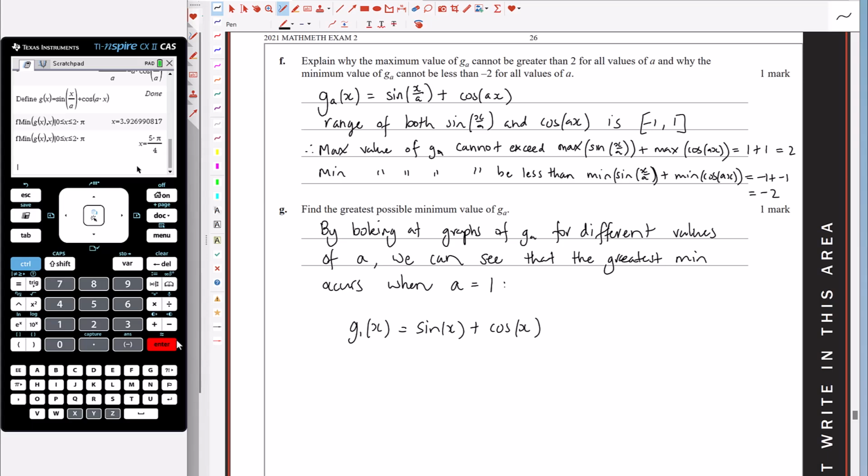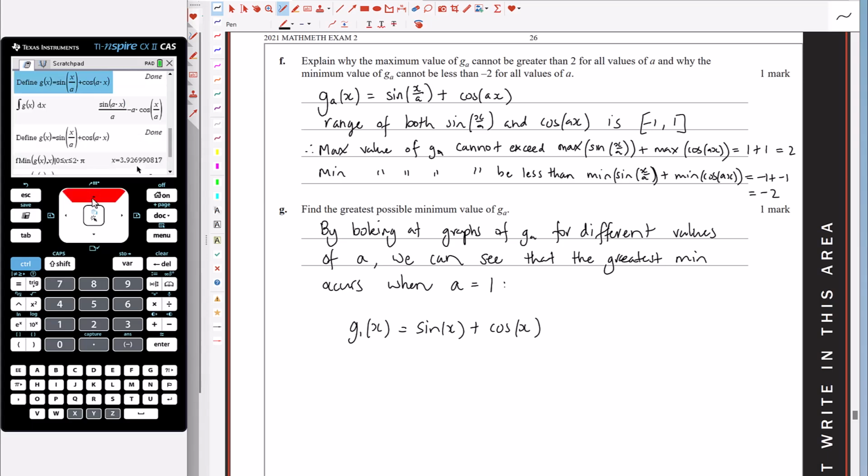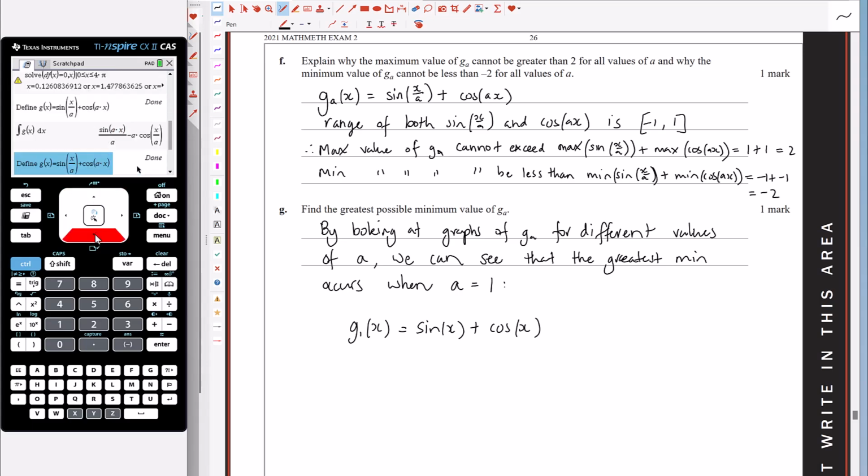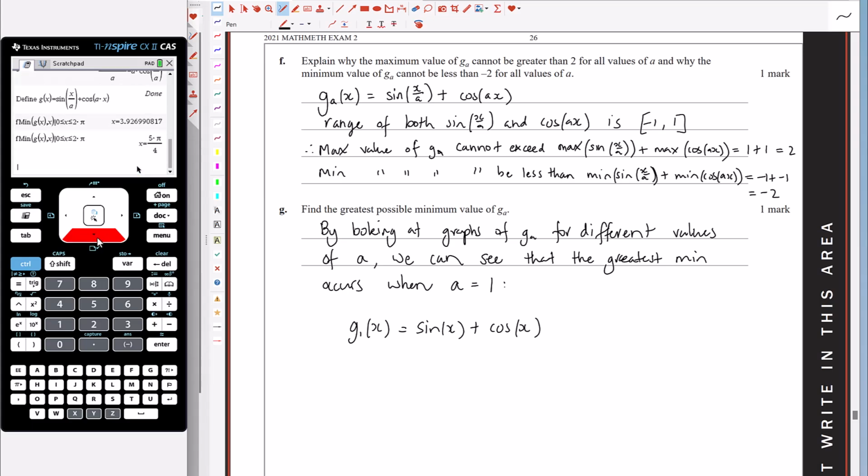Maybe function min always gives decimals. Maybe I needed to solve the derivative over that domain. We did that earlier as well, didn't we? I need to define the derivative. Anyway, I think if we'd solved the derivative, we would definitely have got 5 pi on 4 while still being in auto mode.